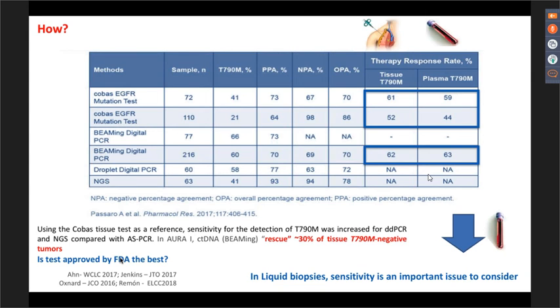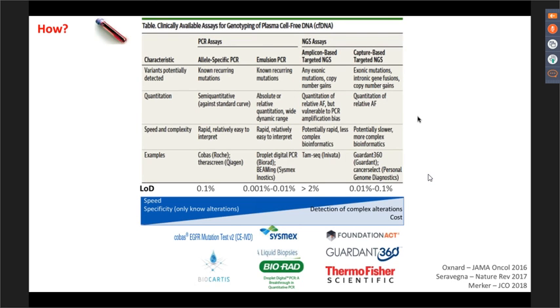The newer platforms like droplet digital PCR or BEAMing, which are more sensitive, really demonstrated better concordance of results with tissue analysis. Here you have different methods for NGS platforms or for digital PCR that are on the market.